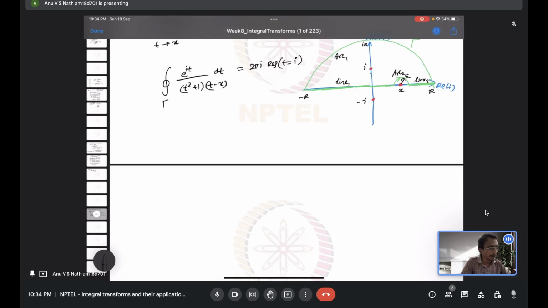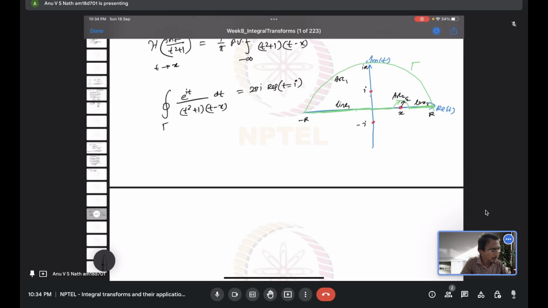Then the integral over gamma you can split into the integral over arc 1, arc 2, line 1 plus line 2.